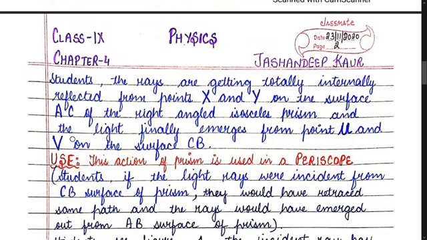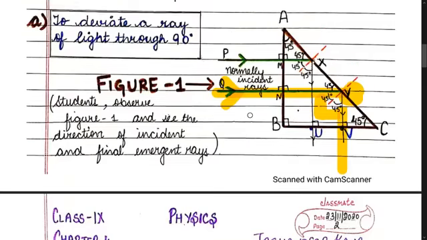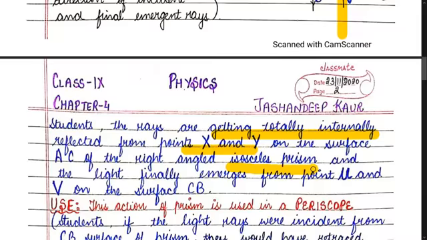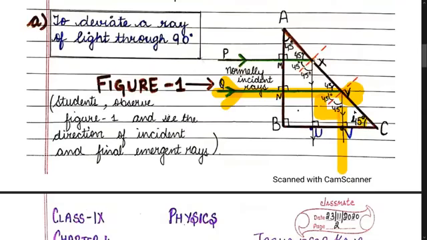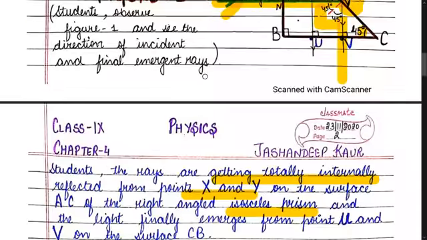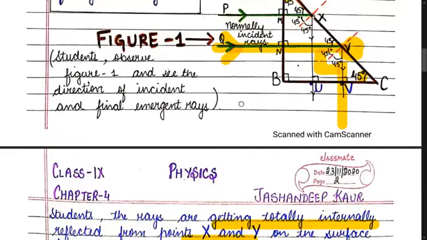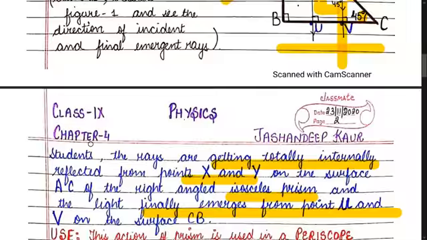So students, the rays are getting totally internally reflected from points X and Y on the surface AC of the right angled isosceles prism. Why isosceles? Because the two angles in this prism are equal to 45 degree. So the two light rays are finally emerging out from points U and V on the surface CB of the prism.